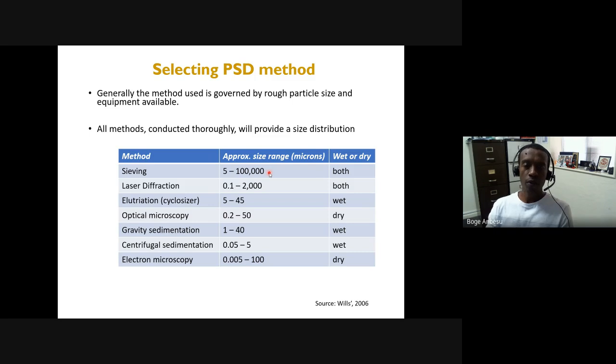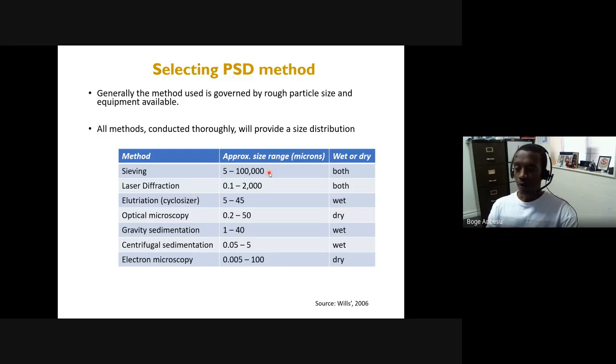If you're using dense media or gravity separators, maybe you can go up to 500 micron and above. But in many places, whatever size you're dealing with, sieves can handle that really well. So that's why they're common. They're cheap to run, and you don't need any fancy equipment. So they're very practical. Even in many labs you can find sieves. So they're very effective.